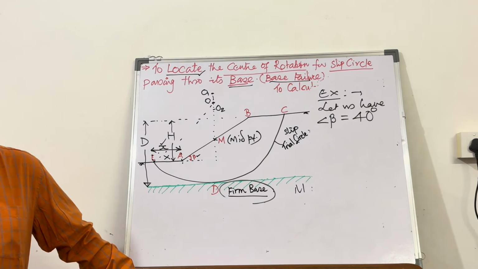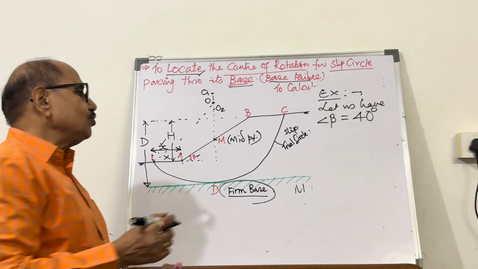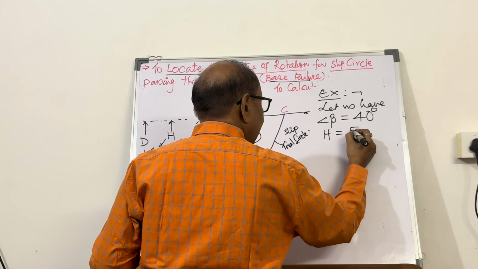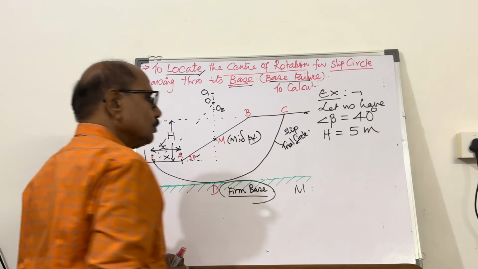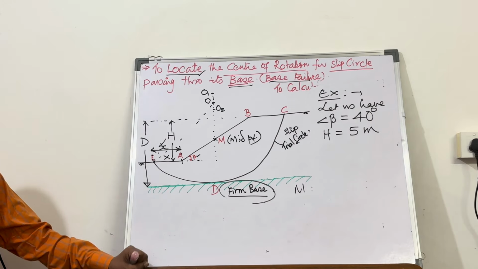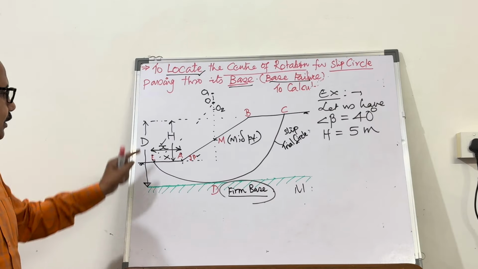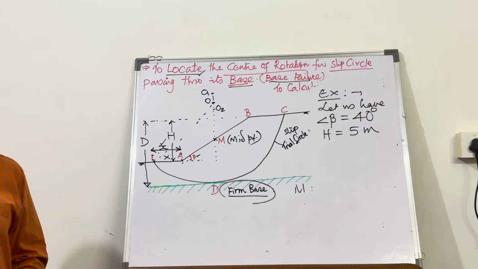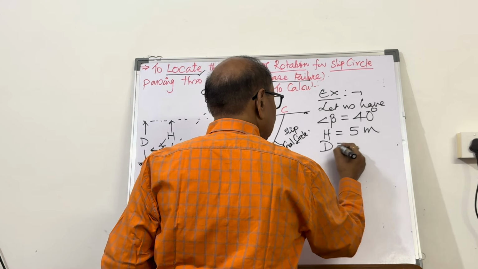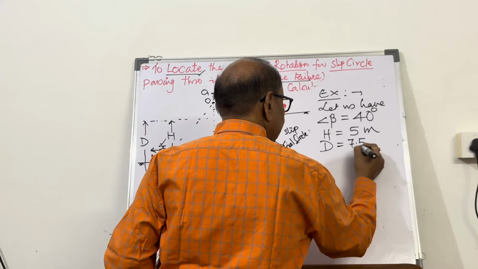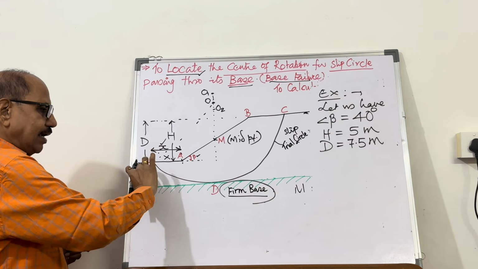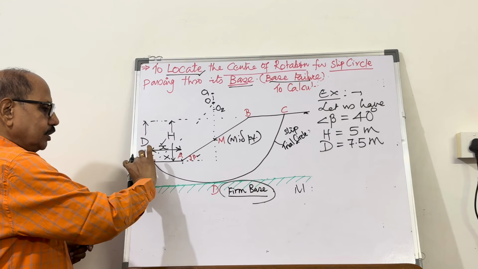So the slope angle is known to you. And the height of the slope, h, equal to say 5 meter. And the depth, d, this value, let's say it is 7.5 meter. So this is going to be 2.5 meter below this.